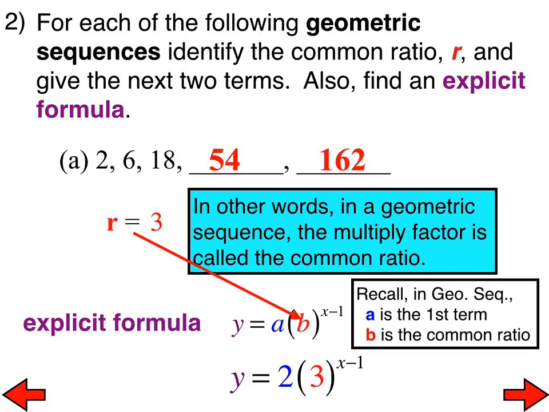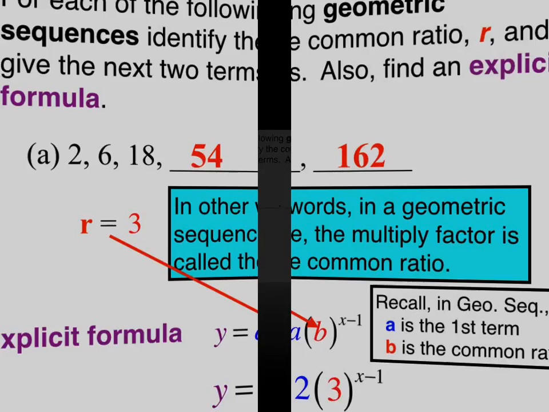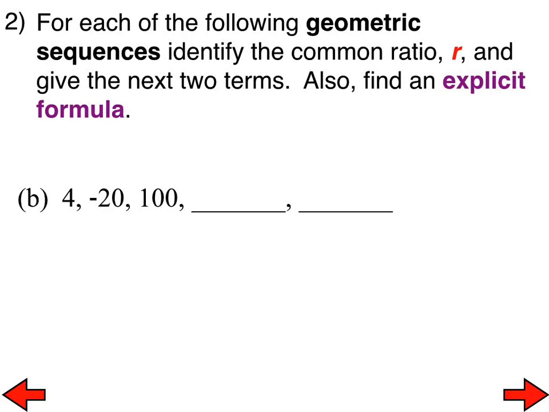Look at part B and part C. Part B looks like this. We, of course, are multiplying each of the previous values by -5 to make the next value. So that makes the next number in our sequence -500 and then +2500. r, the common ratio, which really is the multiplying factor, is -5, and that's all we need to find the geometric sequence explicit formula.